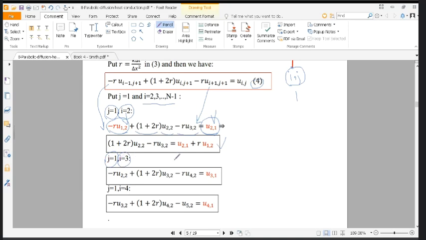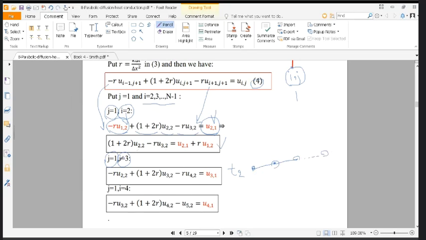We move to the right point, we are in j plus 1, we are in T2, and move from every point to the next point. i is 2, i is 3, i is 4, until i is n minus 1.